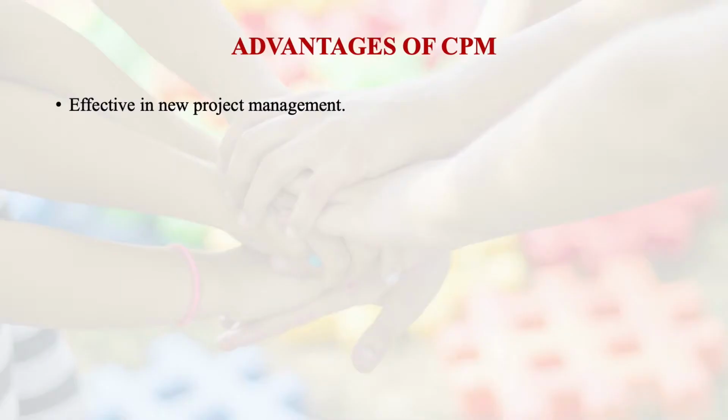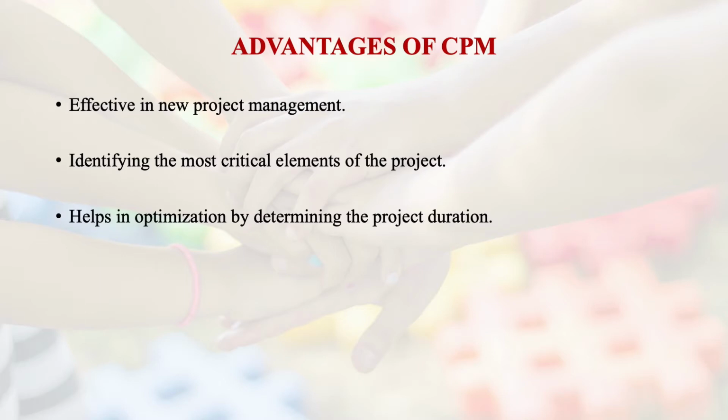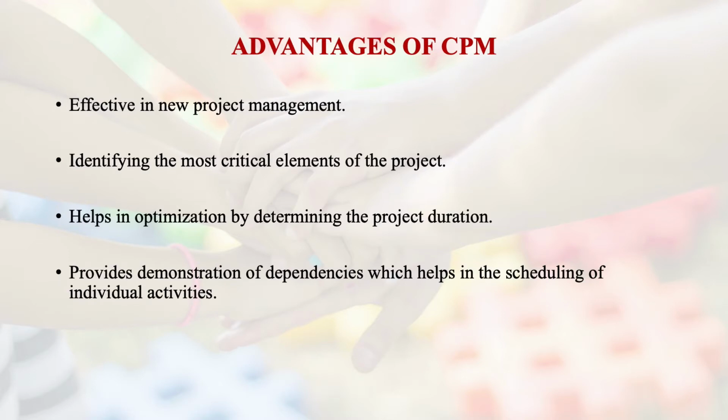Advantages of CPM are that it is effective in project management, identifies the most critical element of the project, helps in optimizing by determining the project duration, and provides determination of dependencies which help in scheduling of individual activities. There are certain disadvantages also associated with CPM.